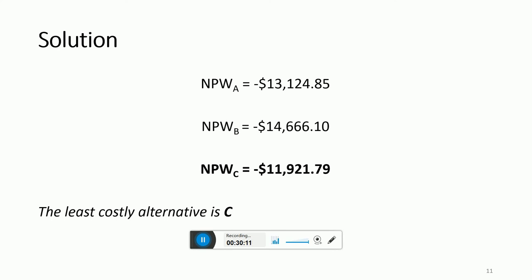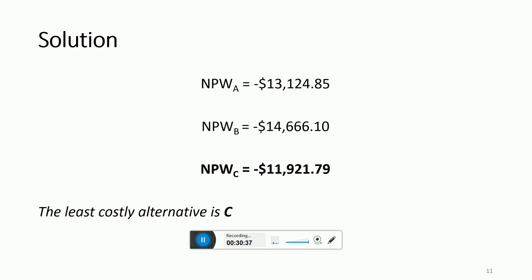So there are two different approaches which are generally used. The first approach is to cut off the longer lived alternatives to equal the shorter lived alternatives, and we have to assume a salvage value for the unused portion of the longer lived alternatives. Then we make the comparison on the basis of equal lives.